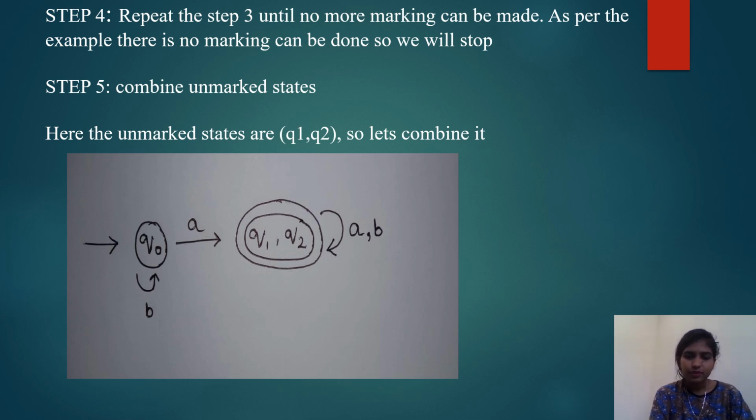Minimization of DFA means reducing the number of states from the given FA. Thus we can get the finite state machine with redundant states removed after minimization. We can also follow a few steps to minimize the DFA.